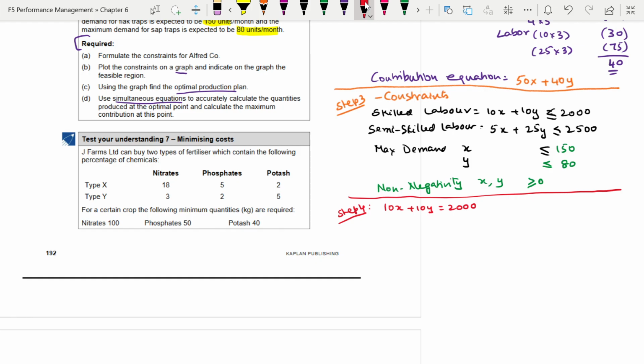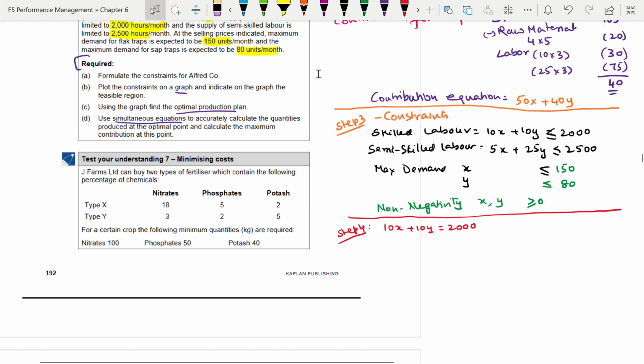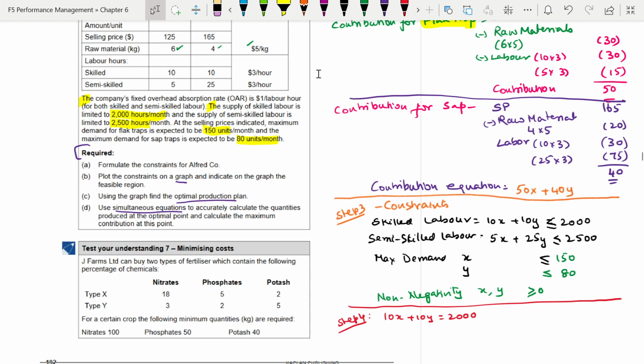Can you explain step 3 again, please? Step 3. See, in the question, what they have mentioned are the constraints. Constraint means limitations.